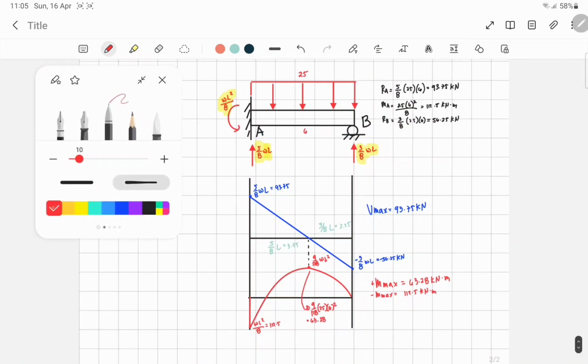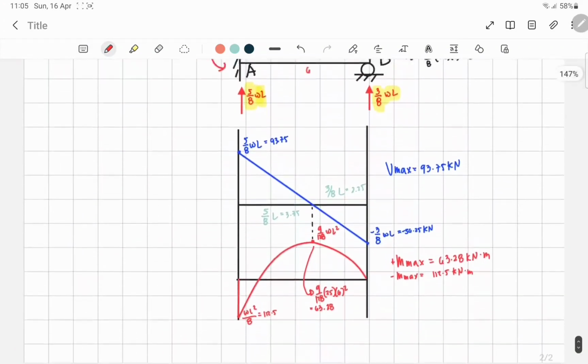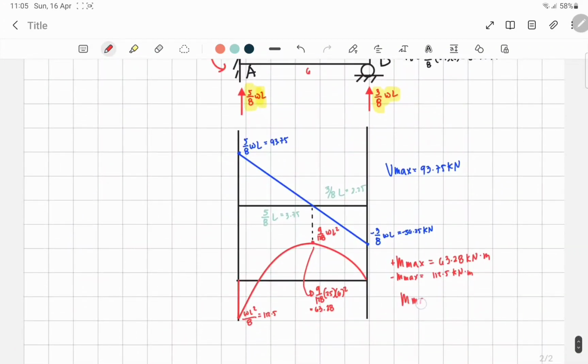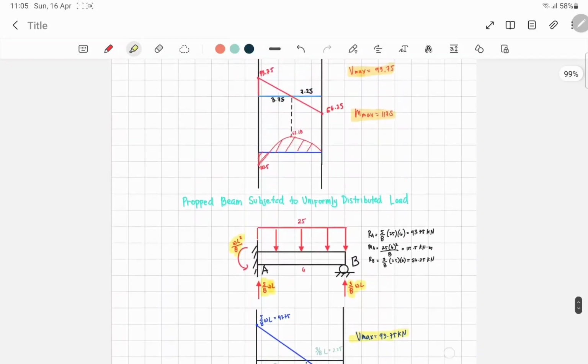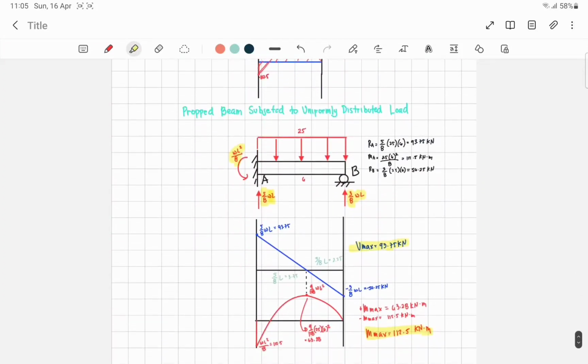Okay, check ko lang to. Kapag tinanong is the maximum moment, let's take the absolute value of this moment. Okay, so mas mataas yung 112.5 kilonewton meter. So this is our answer. So comparing dito 93.75, 112.5. So tama yung ating sagot.